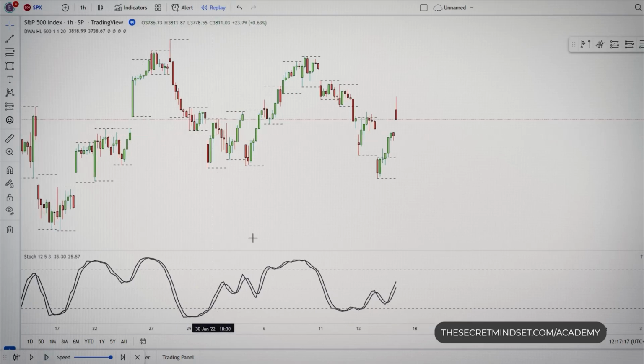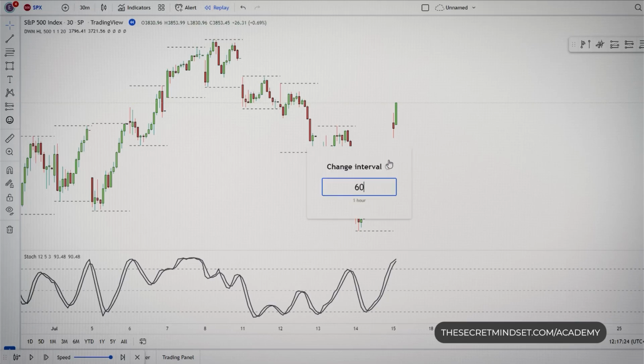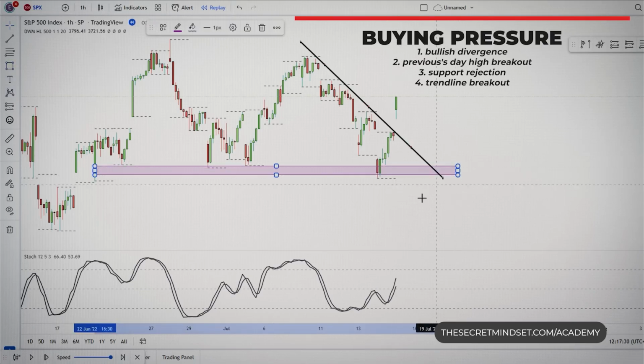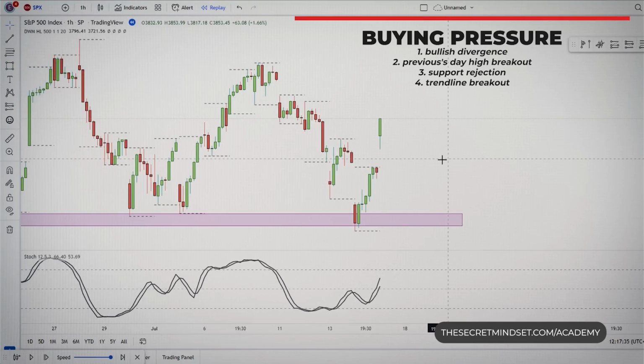When price broke the previous day's high, we were faced with a decision. We had a gap up above the previous day's high, plus a rejection of support, and a trendline breakout. Three confluence factors which indicate buying pressure.